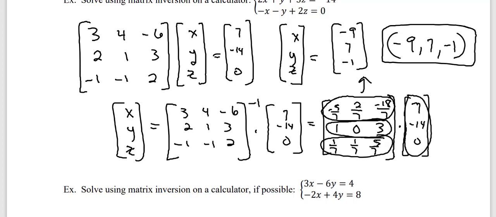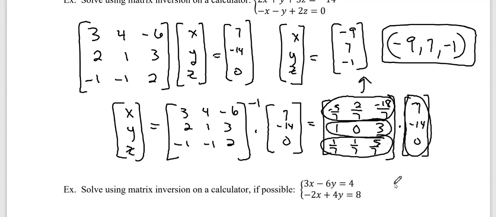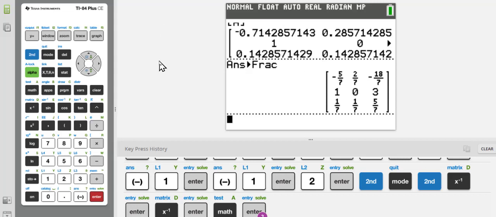We actually can multiply matrices in the calculator by putting this other matrix, this 7, -14, in the calculator, and then just use the multiplication button on your main screen. Back here, let's suppose we put 7, -14, 0 in our calculator.